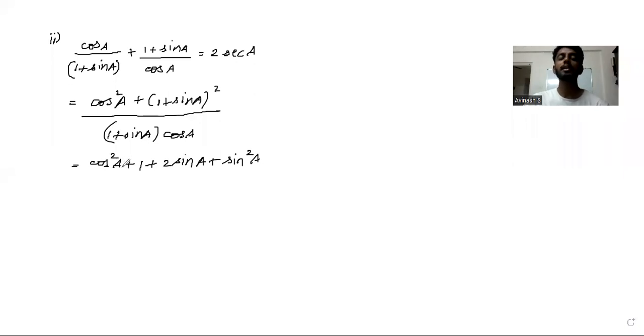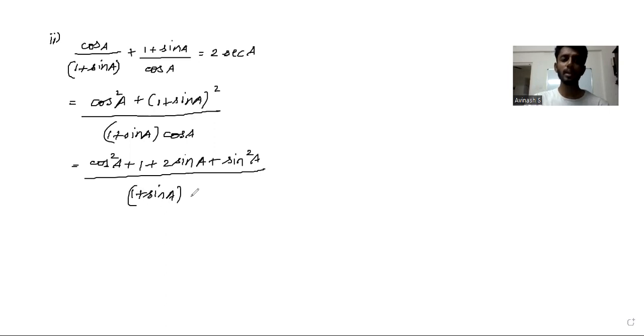So in the numerator, on expansion we get like this: 1 square, plus 2 into 1 into sine A, 2 sine A, plus sine square A, whole divided by (1 plus sine A) into cos A.